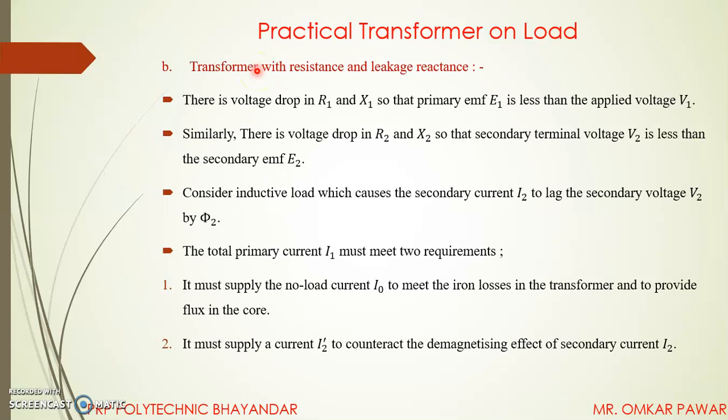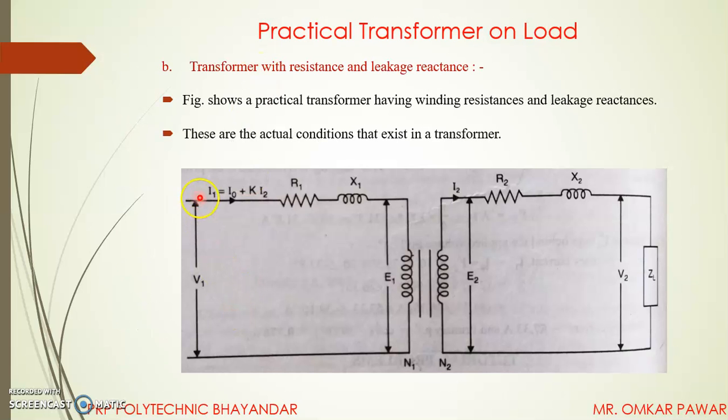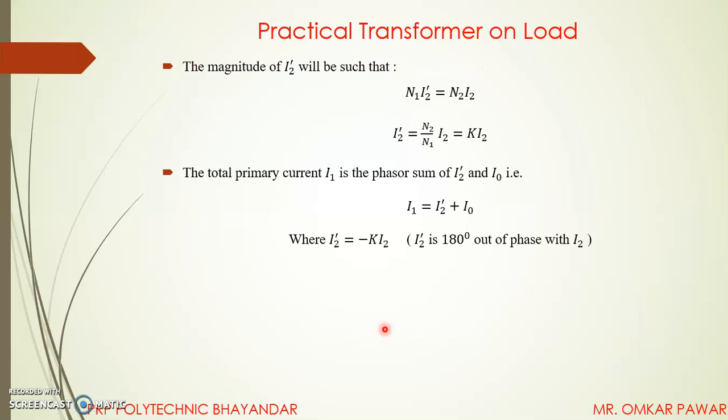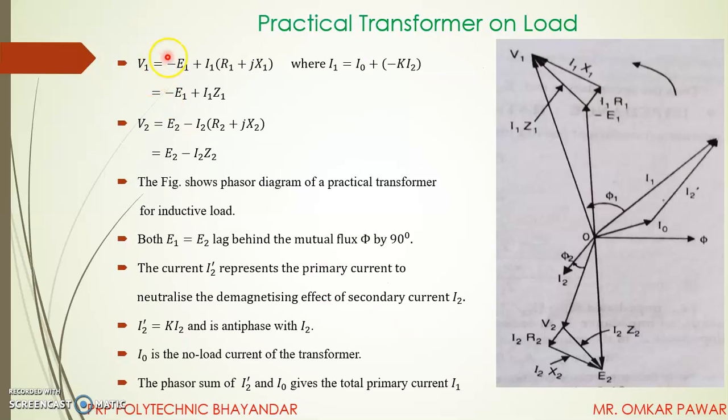That is, from the diagram, V1 is equal to minus E1 plus I1 R1 plus I1 JX1. So we get the equation V1 is equal to minus E1 plus I1 times (R1 plus JX1), where I1 is equal to I0 plus minus K times I2.